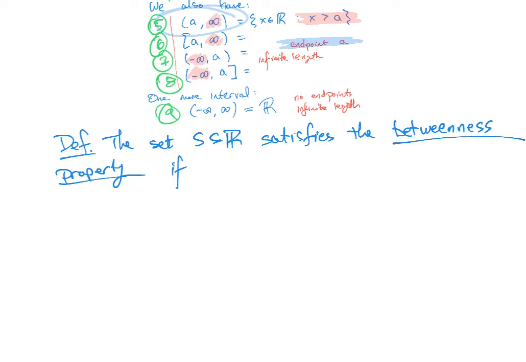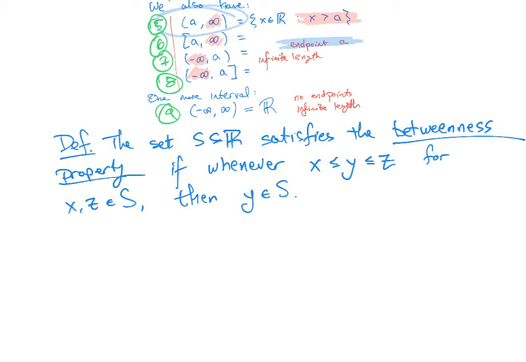The way I'm going to write that is whenever we have x less than or equal to y less than or equal to z, for x and z in our set, then y also has to be in our set.